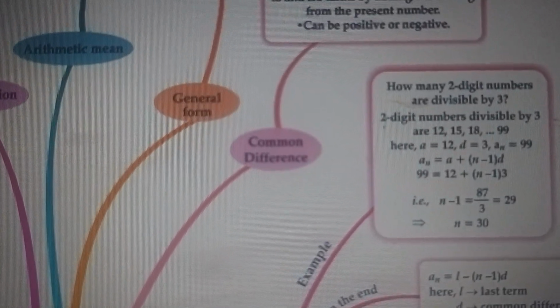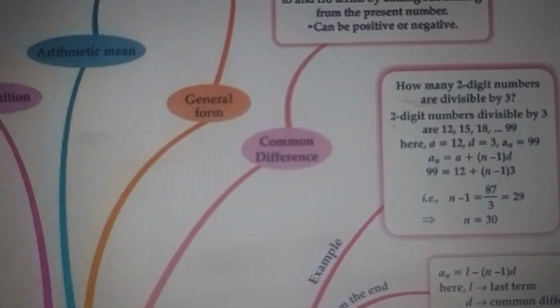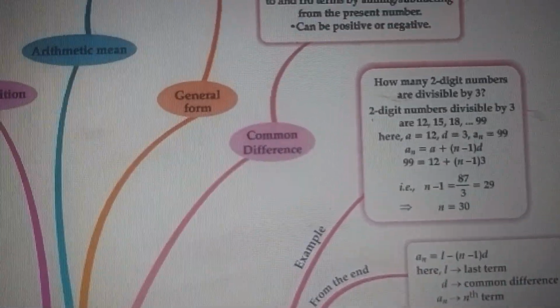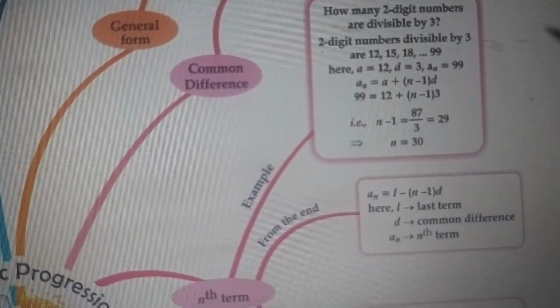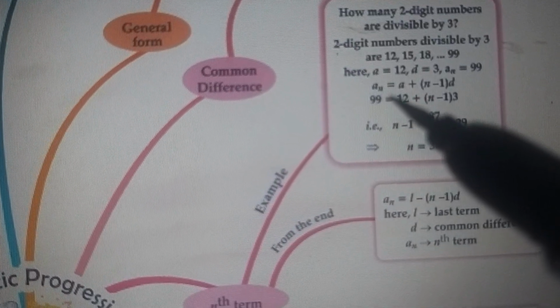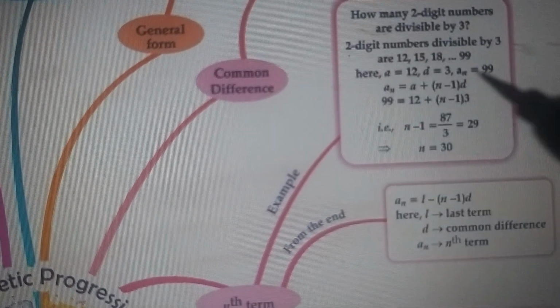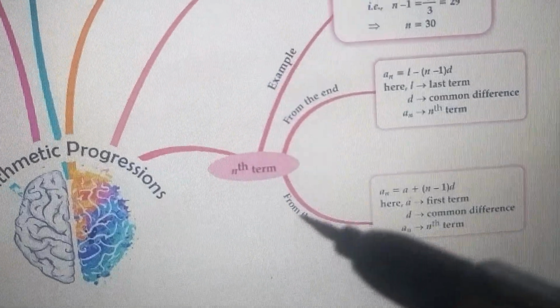The difference between 12 and 15 is 3. And an is the last term, that is 99. So we use an equal to a plus (n minus 1) into d, the formula for the last term.